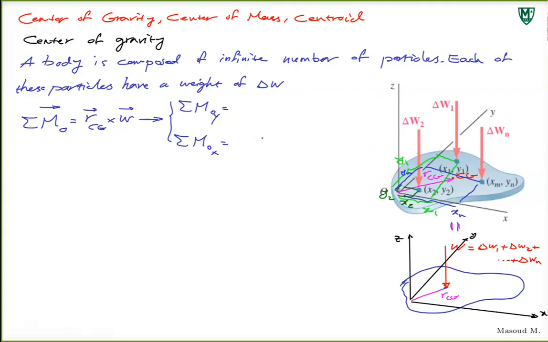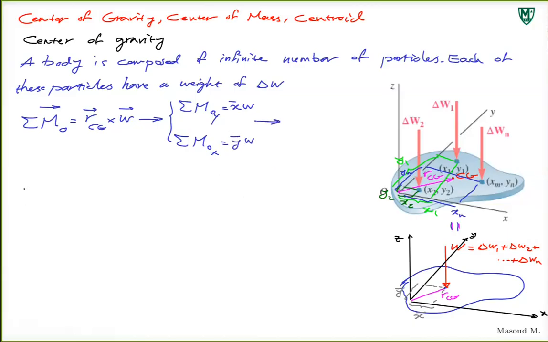Here's what you can write. X bar and Y bar are where the center of gravity is. This is X bar, this is Y bar. So this becomes X bar W, and this becomes equal to Y bar W.